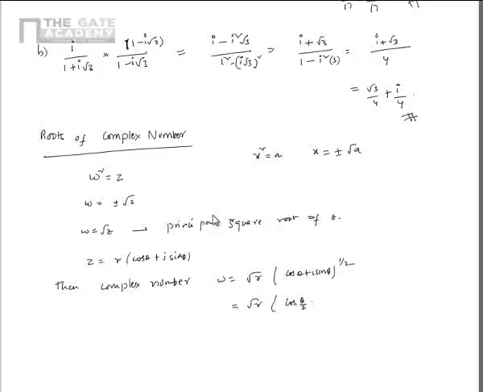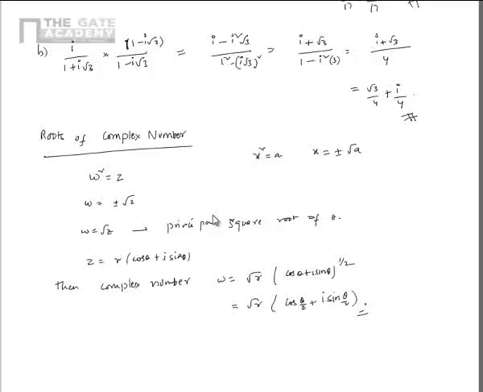This is another extension of De Moivre's theorem. De Moivre's theorem can be applied whether n is an integer or a rational number. I don't think that it's applicable only for integers.